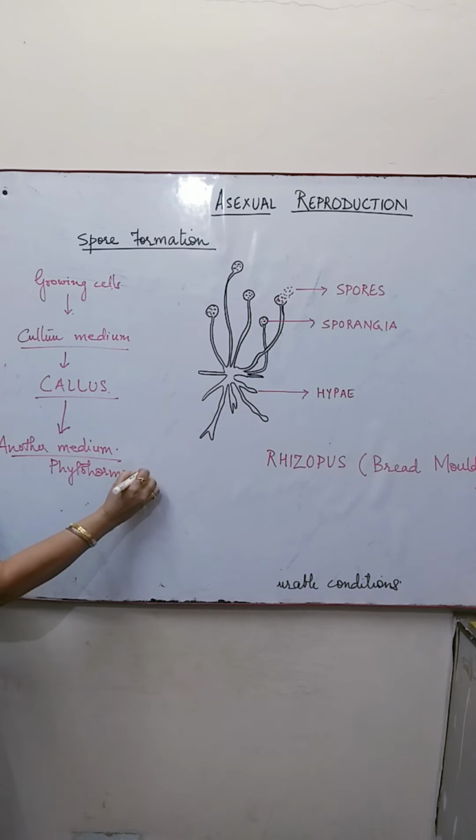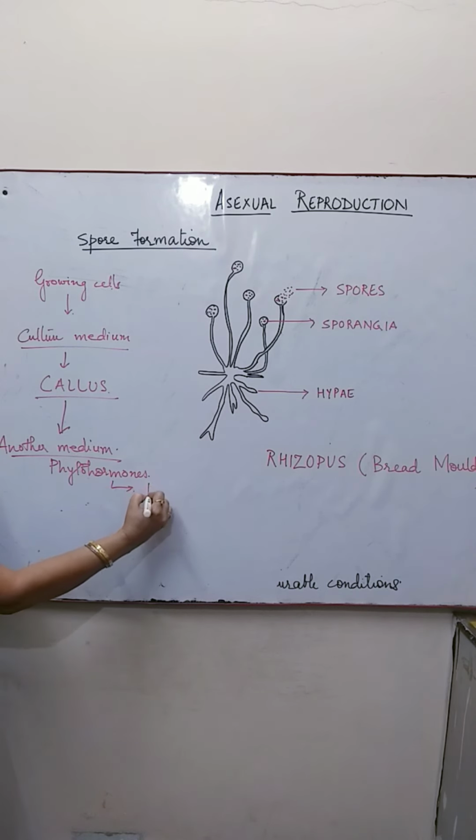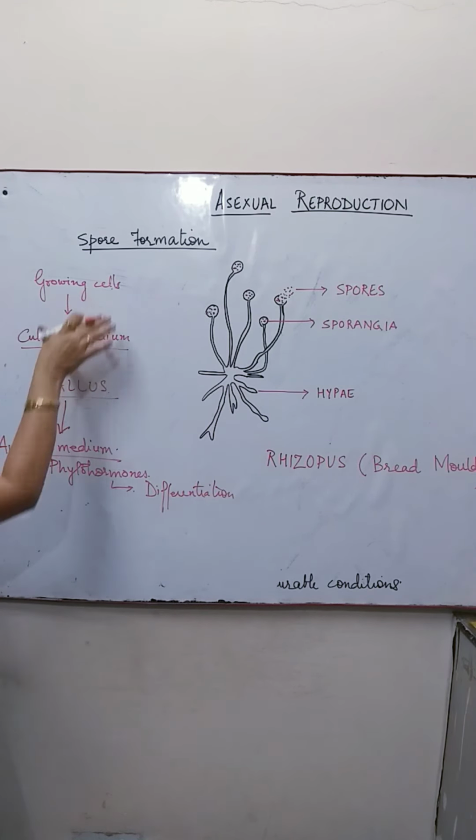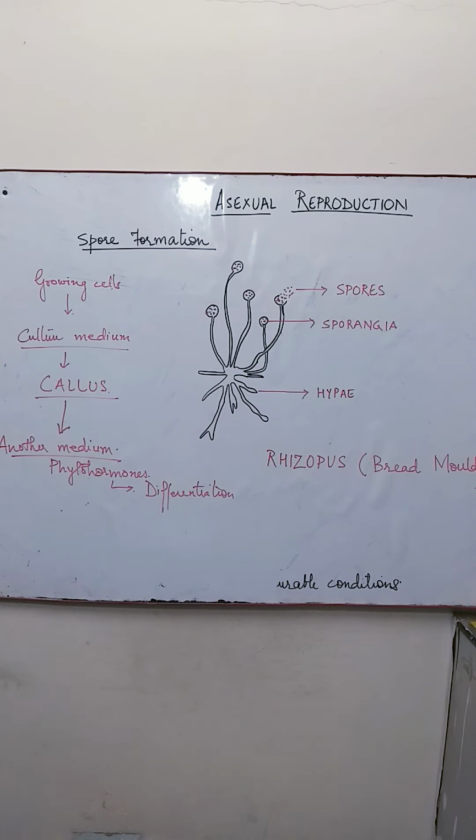These phytohormones help in differentiation. We have studied that after the meristematic cells are formed, depending upon what kind of function they need to perform, they get differentiated and modify themselves into different structural types so as to perform specific functions.